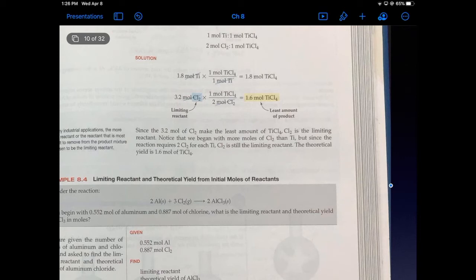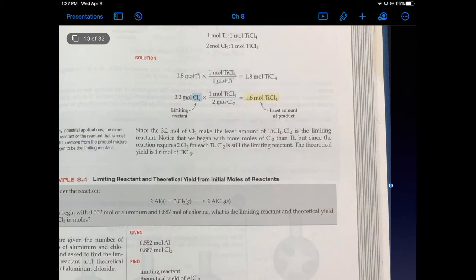In this case, the chlorine is only going to allow us to make 1.6 moles of titanium chloride, whereas the amount of titanium would technically allow us to make 1.8 moles of titanium chloride. But which one are you going to make realistically? Only the 1.6, right? Because that's all the moles of chlorine will allow you to make.